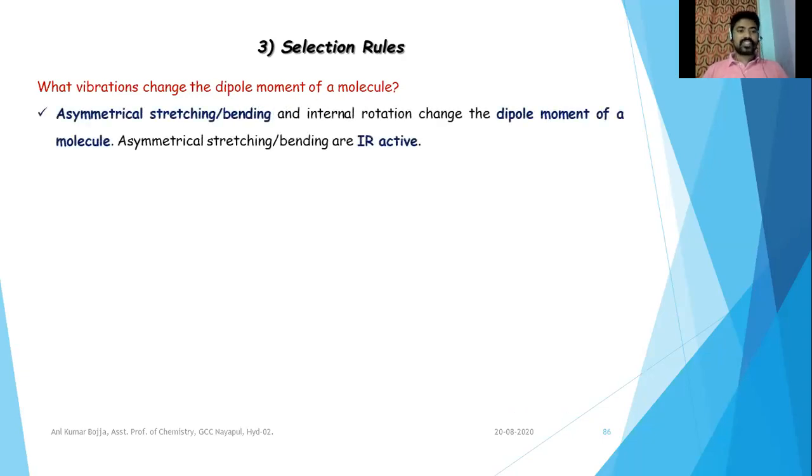Right. Symmetrical or asymmetrical stretching or bending vibrations and internal rotation about the molecular axis change the dipole moment of a molecule. Dipole moment means the molecule contains two opposite charges, partial negative charge and partial positive charge.